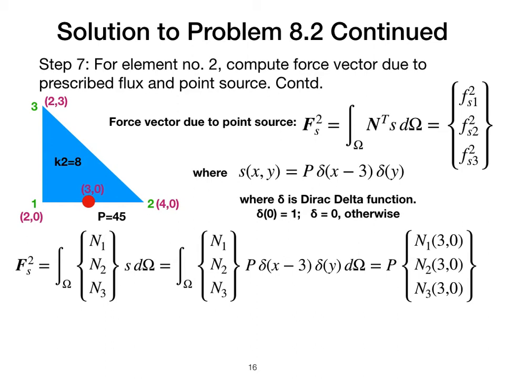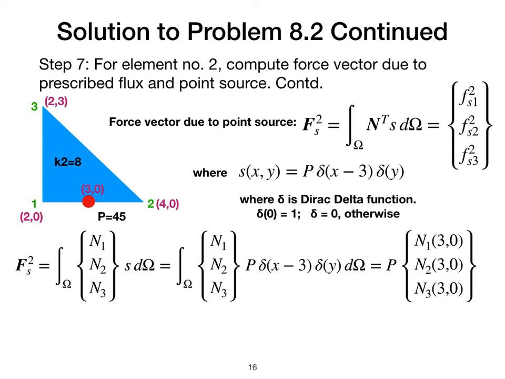So delta(x minus 3) will be equal to 1 at x equal to 3, and delta(y) equal to 1 only when y equal to 0. That means the whole expression, the N vector multiplied by p delta function of x minus 3 times delta function of y, will be non-zero when x is equal to 3 and y equal to 0.